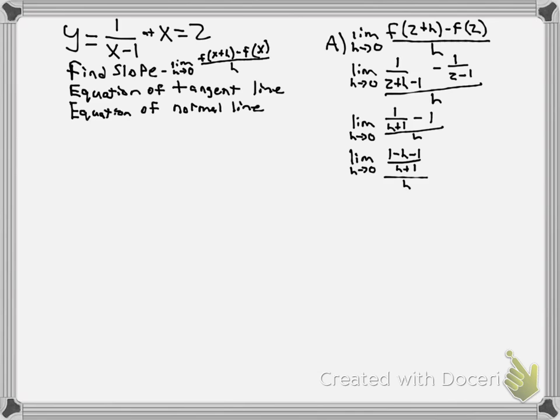Well, 1 minus 1 is 0, so that gives me negative h over h times h plus 1, which gives me the limit as h approaches 0 of negative 1 over h plus 1. Does direct substitution work for finding that limit? Oh yeah. What's my slope of the curve? Negative 1.